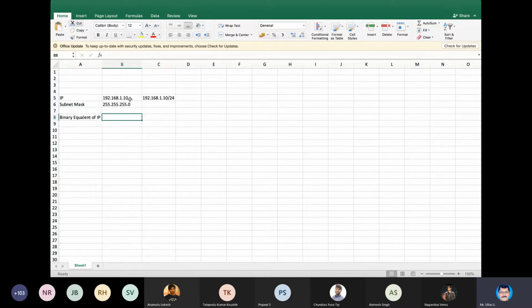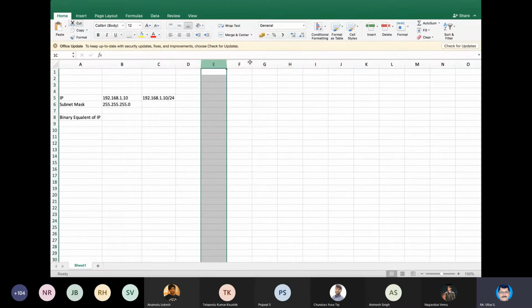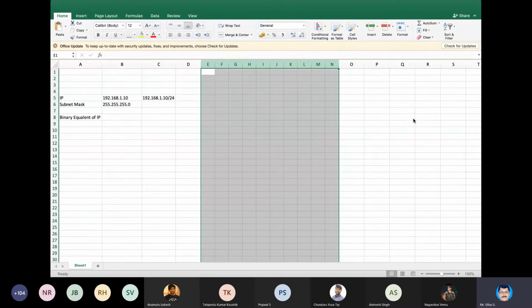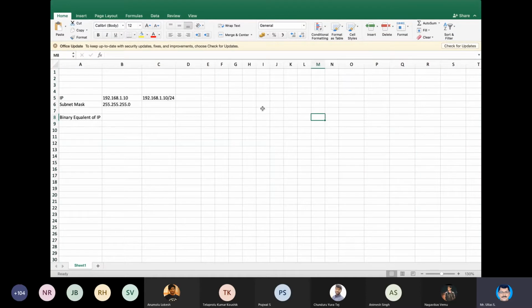So let us see one easiest method to convert decimal into binary. Okay. For that, what I'll do is I'll do a positional valuing system. So let me resize it. Column width, maybe I'll tell it as 5. Okay, fine.